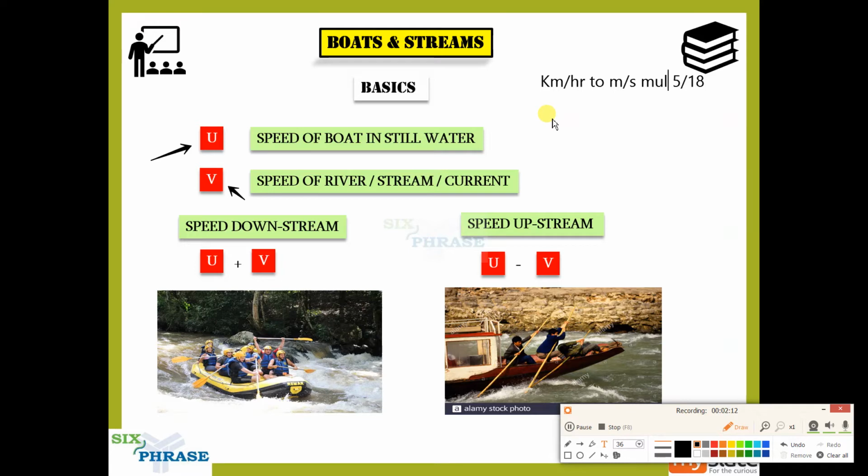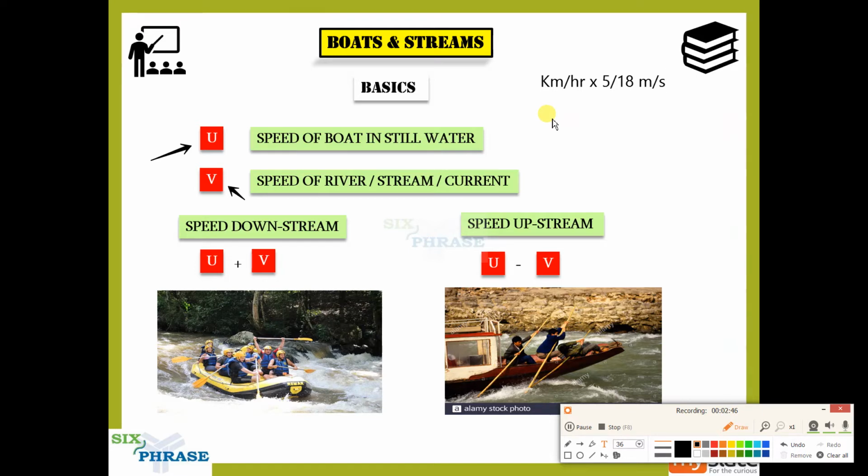Now, this could be misleading. You multiply kilometers per hour into 5 by 18, you will get meters per second. If you have to go from meters per second to kilometers per hour, then you have to multiply meters per second by 18 by 5, you will get kilometers per hour, right?